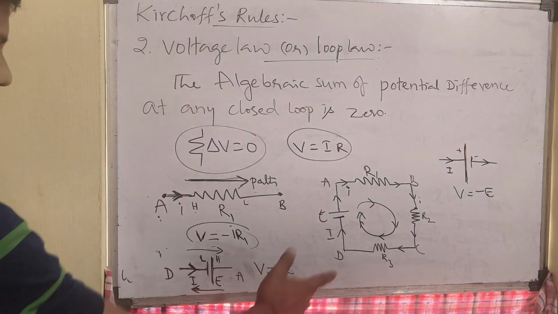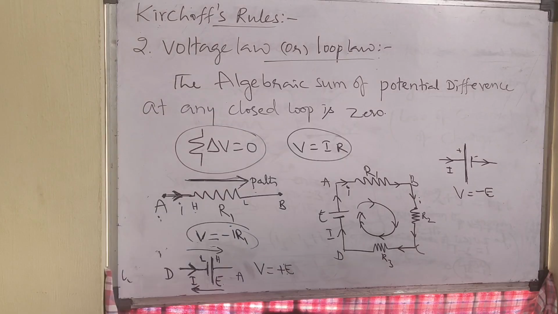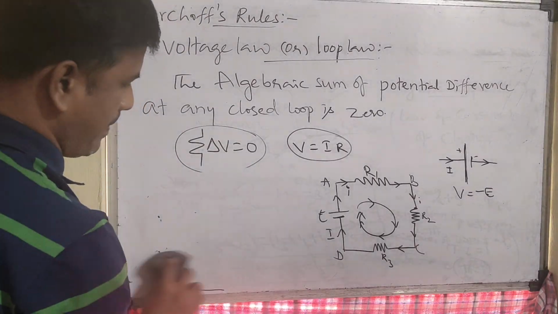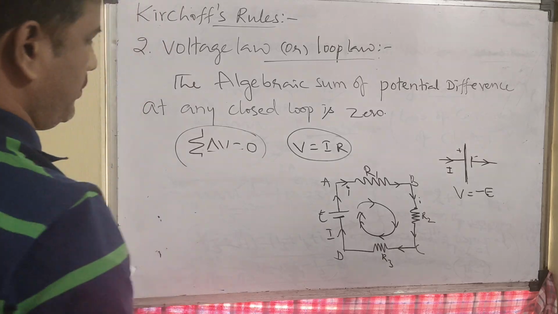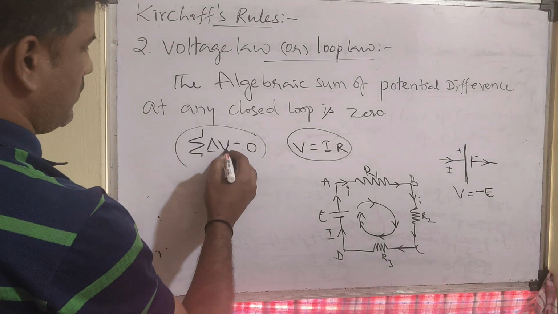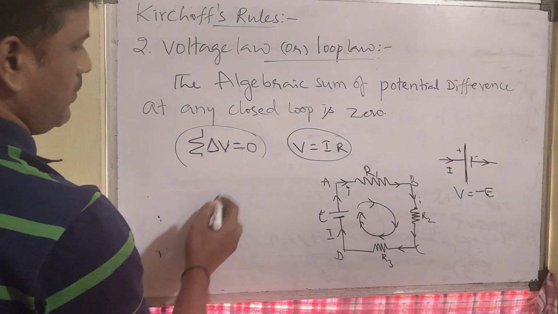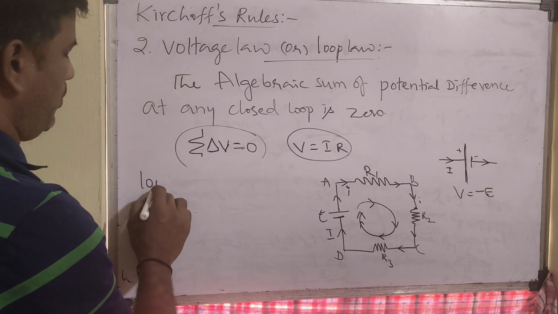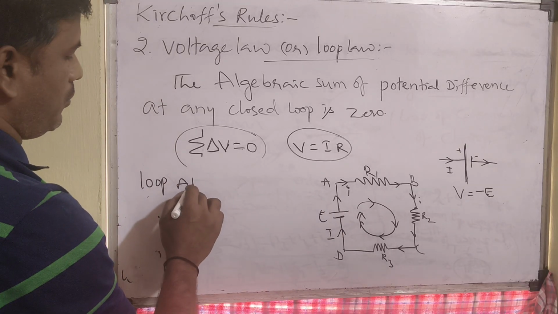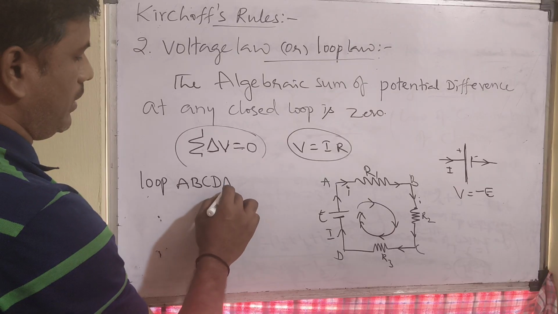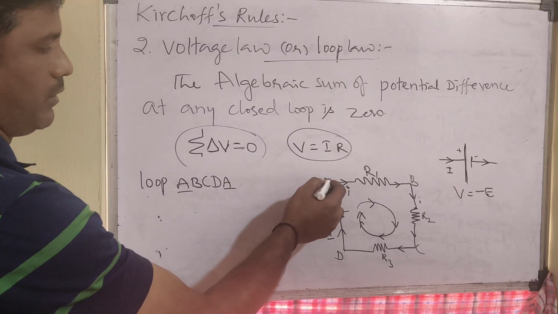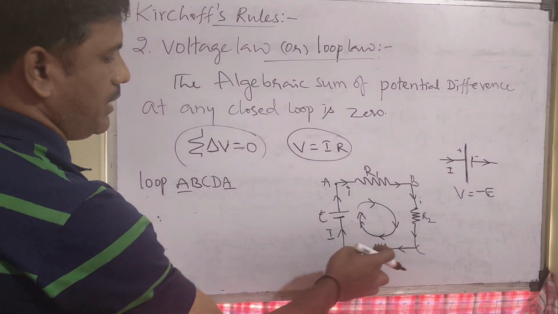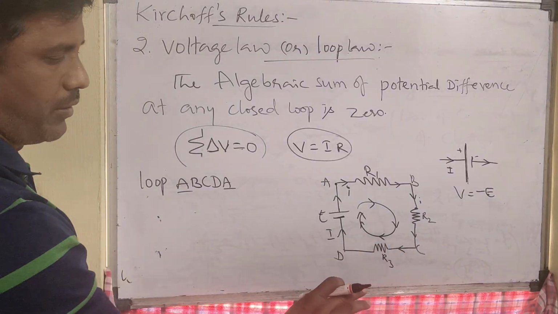So next, for this loop, we want to calculate the total potential. See here, first the loop A, B, C, D, A. A closing points: A to B, B to C, C to D means it is open circuit.